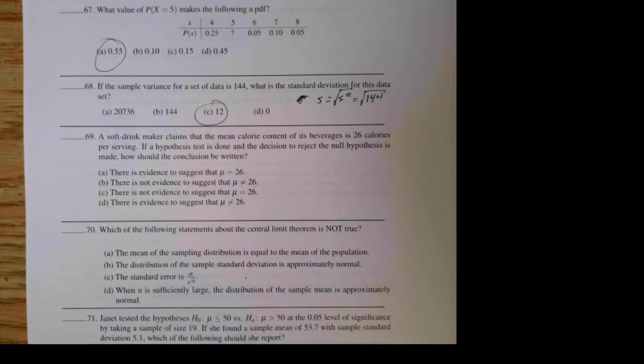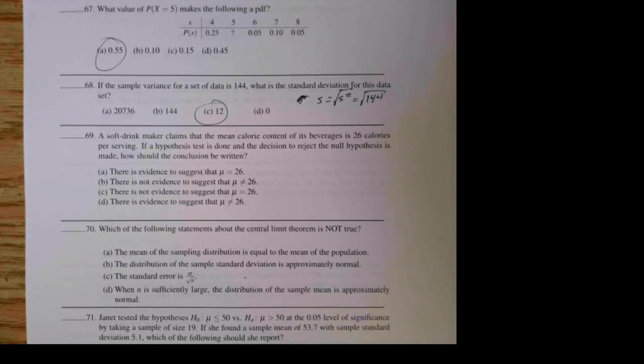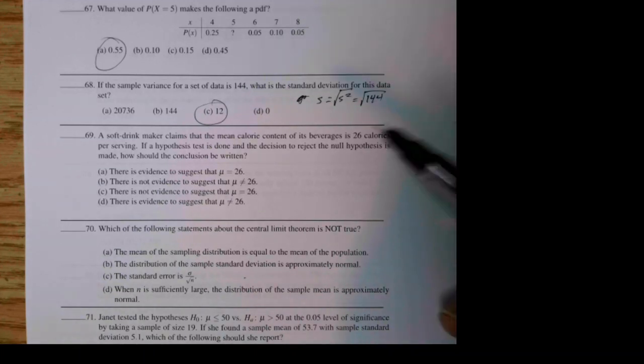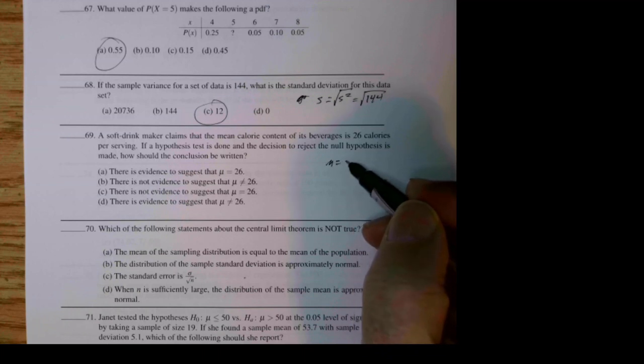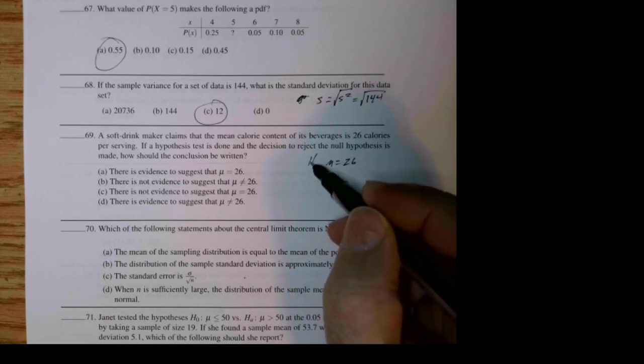69. A soft drink maker claims that the mean calorie content of its beverages is 26 calories per serving. If a hypothesis test is done and the decision to reject the null hypothesis is made, how should the conclusion be written? Okay. If a hypothesis test is done, the null hypothesis is going to be mu equals 26, right? That's H naught.